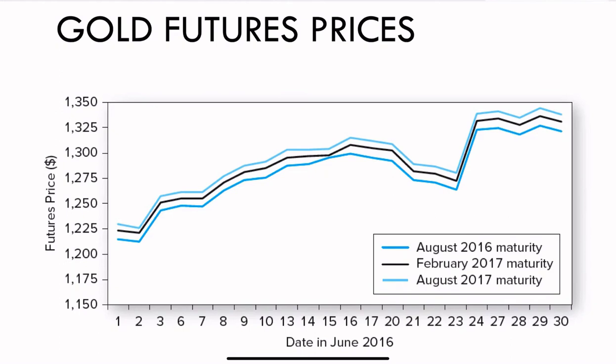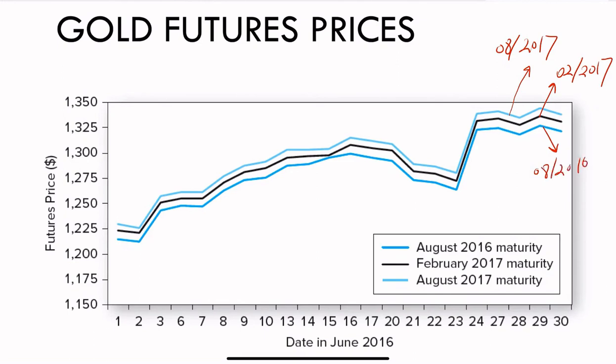So now let's see this. Let me mark these 3 lines. According to the graph legend, this line would be August 2017 maturity. This dark line would be February 2017. This one would be August 2016.